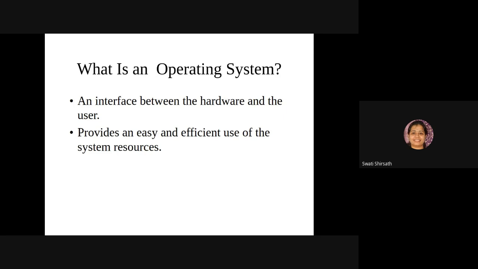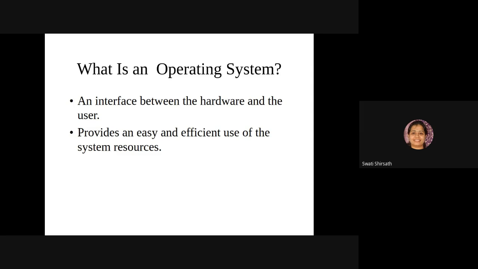So operating system, as you know, is something that is behind every software, the platform which allows all software to be there and to interact with human and machine. So in technical language, we say it is the interface between hardware and user.